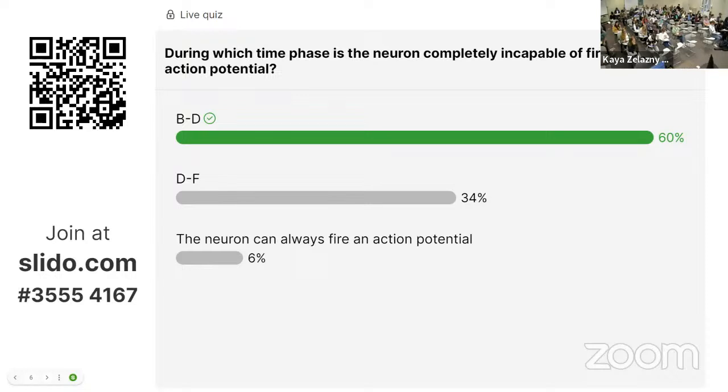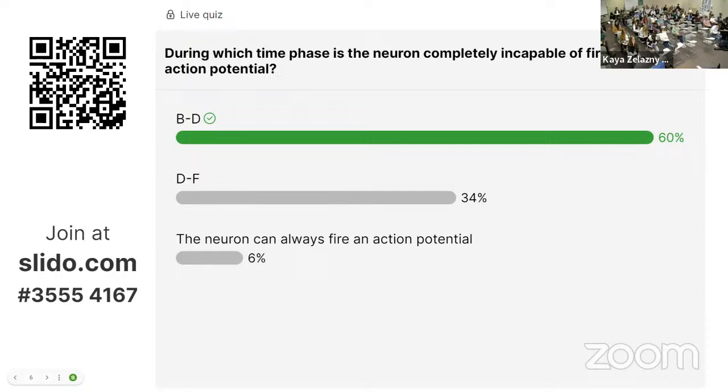That's happening first. So during our absolute refractory period, we can't fire off a second action potential first because we're already still working on the first one. And then second, because we have that inactivation gate on those sodium channels closing and nothing can make them open again until they've reset to their original positions.